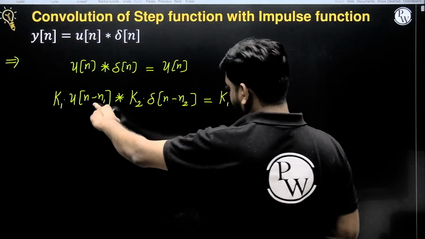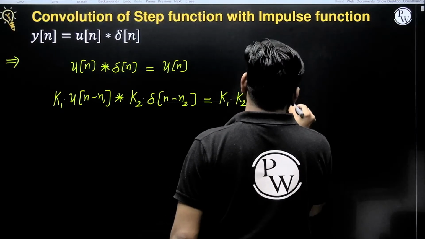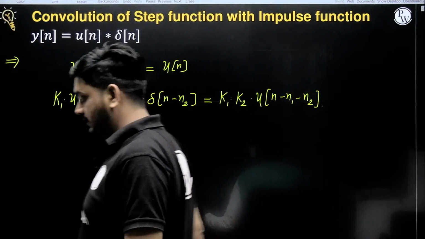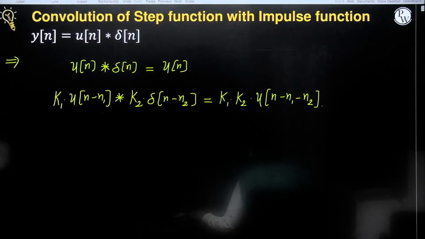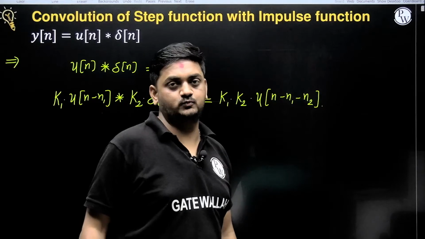Now here u of n minus n1 and delta of n minus n2, so it will be u of n minus n1 minus n2. Fine.